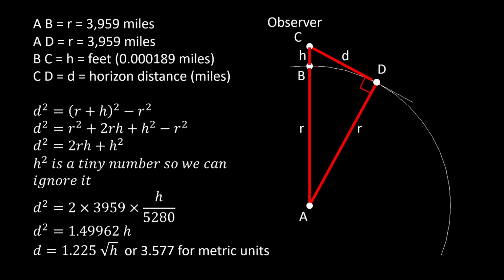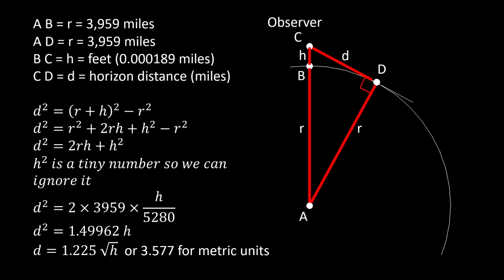We now have a right triangle, Bev. The length of one leg is d, the length of the other leg is R, and the length of the hypotenuse is R plus h, h being the height of the observer above the surface. The Pythagorean theorem tells us that d squared plus R squared equals (R plus h) squared.